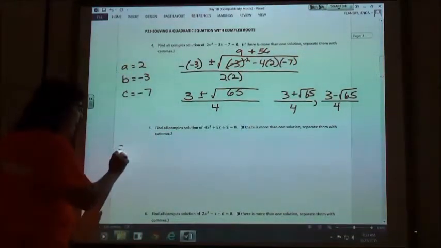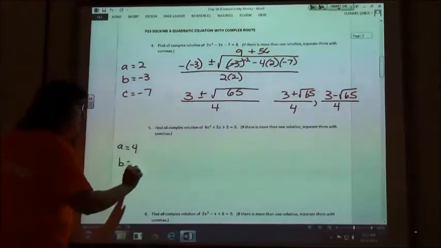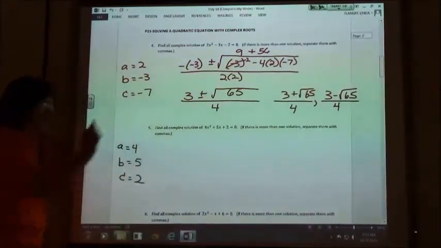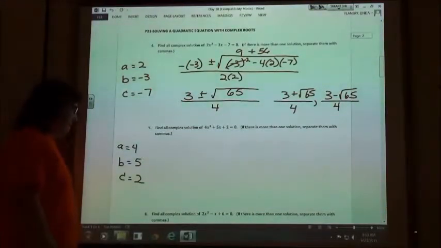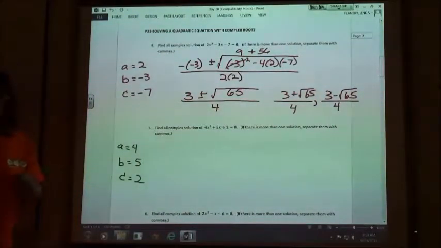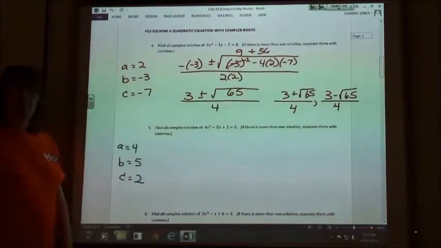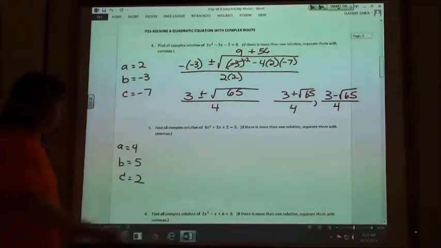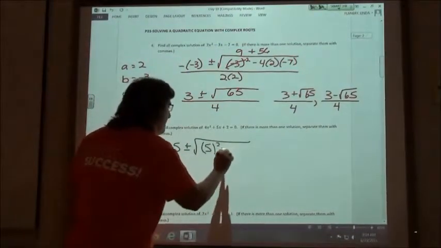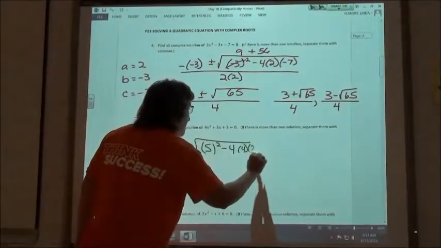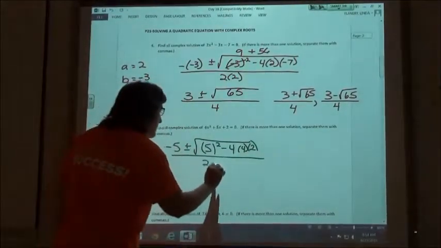So number 5, A is going to be 4, B is going to be 5, and C is going to be 2. If we plug that into our quadratic formula, what would we have? Negative 5 plus or minus the square root of 5 squared minus 4 times 4 times 2 over 2 times 4.